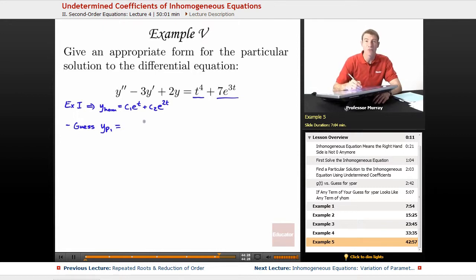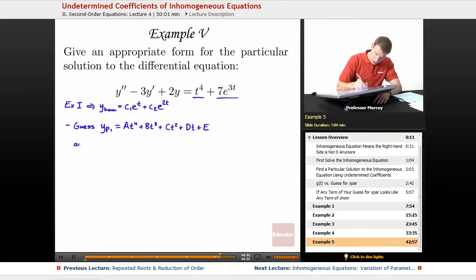I see a t to the fourth, which means I need a generic fourth degree polynomial. I can't just say a t to the fourth. I've got to say a t to the fourth plus b t cubed plus c t squared plus d t plus e.